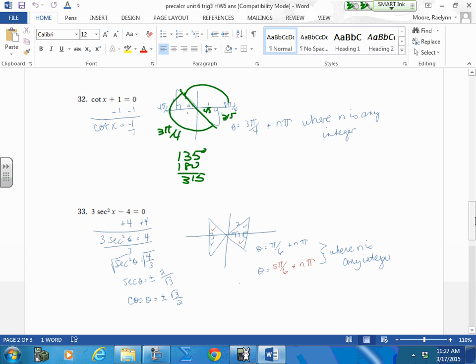Maybe you see it better in degrees. But we're keeping it in radians, so 180 is the same as pi. And I add another 180, then another 180, then another 180. Because they're opposite each other and their period is pi, I just need to say one of those angles, the first one, and n pi, where n is any integer.